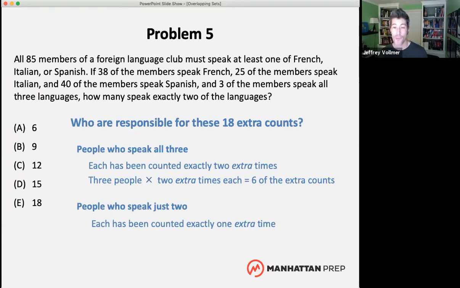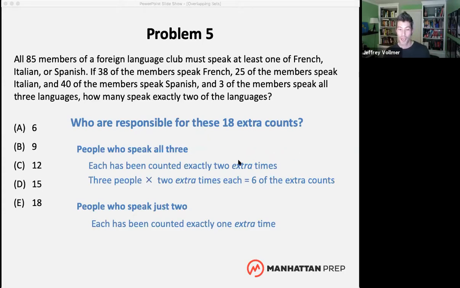You do not want to triple because I didn't count you 3 extra times. I counted you 3 times, but I am thinking about the extra counts, right? So the person who only speaks French, I didn't count them an extra time. I counted them once, and that's exactly how many times I wanted to count them. The people who speak French and Spanish, I counted them twice, but they only represent a single person each. So I counted each of them 1 extra time.